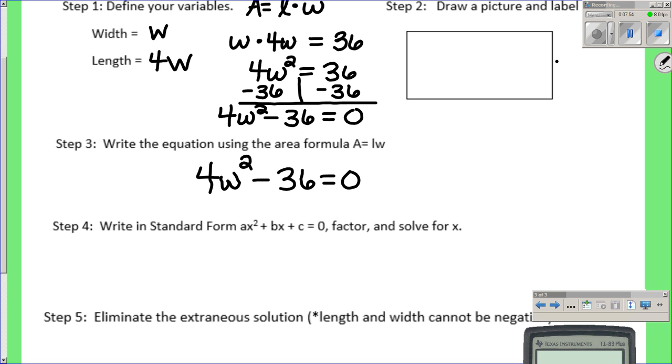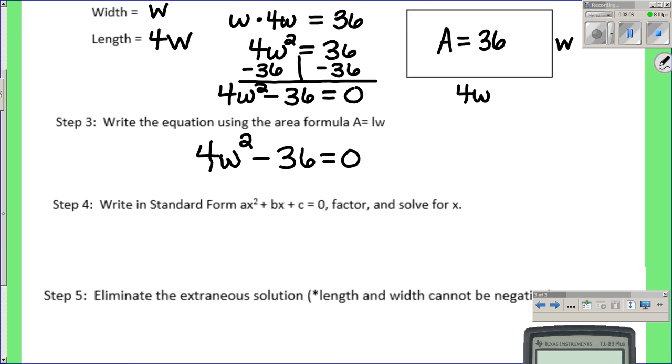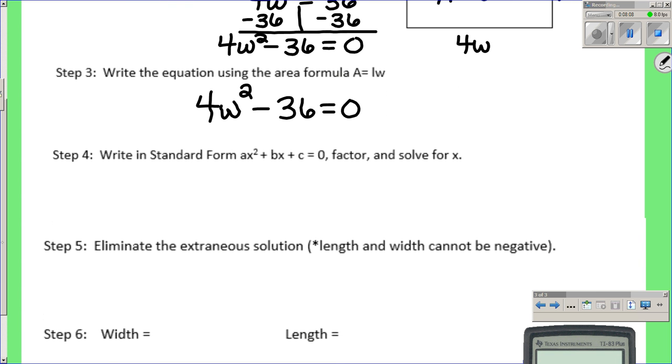Our width was w, our length was 4w, and they told us in the problem the area equals 36. Okay, step 4, write the standard form. So again, I've already done that. I kind of jumped ahead. Sorry about that. So we'll just transfer this down. 4w squared minus 36 equals 0.